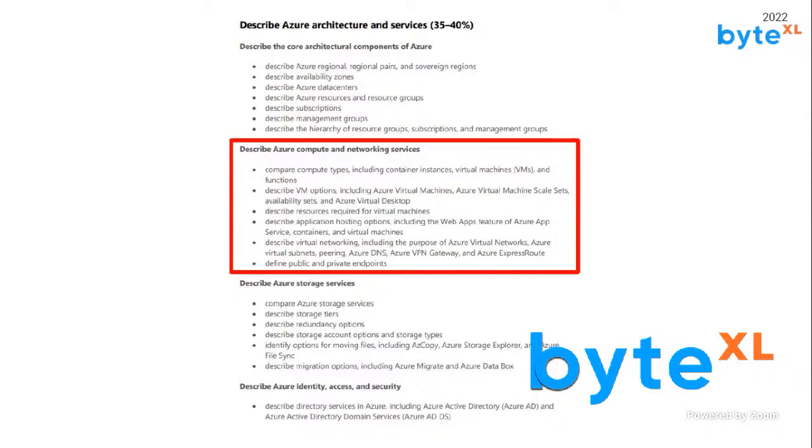Is it through a web application feature of Azure App Service, a container, or a virtual machine? We'll also understand the networking parts: virtual networking, including Azure virtual networks, subnets, peering, Azure DNS, Azure VPN Gateway, ExpressRoute, and other things that we are going to understand in detail in this subtopic.